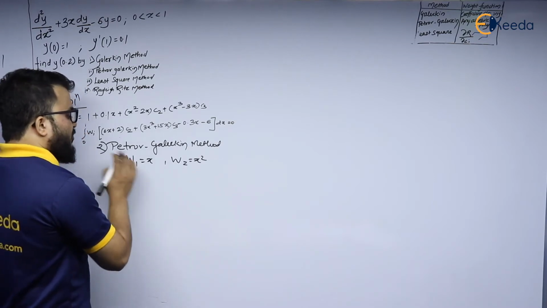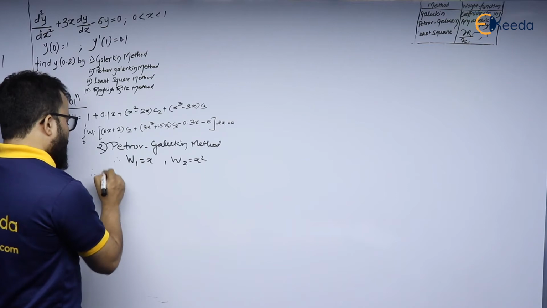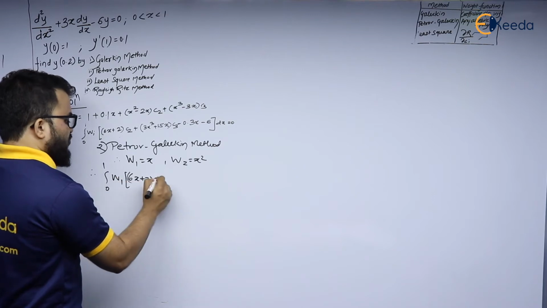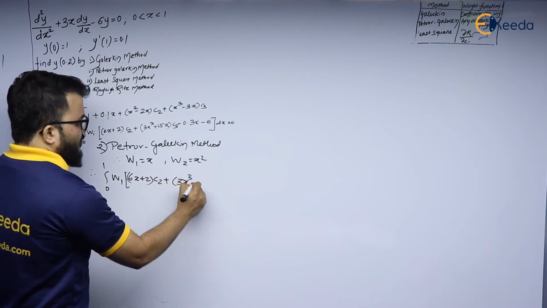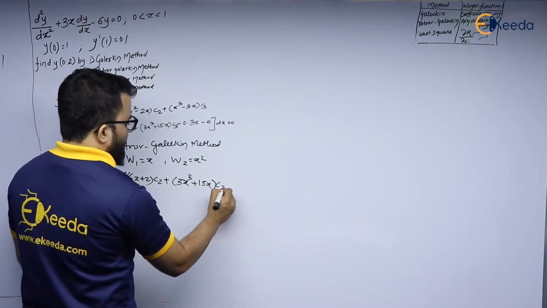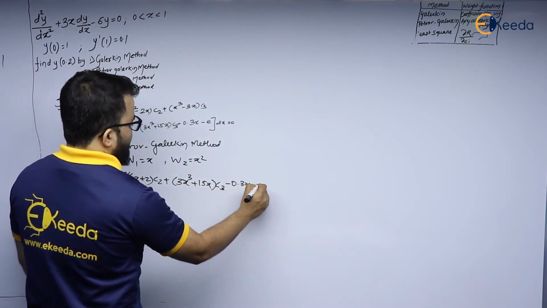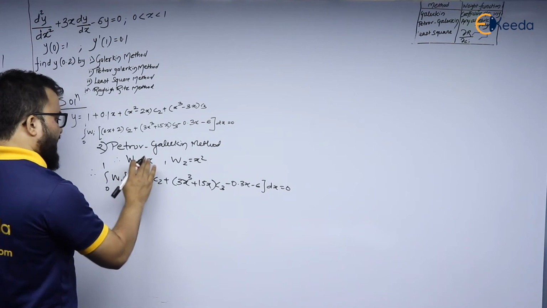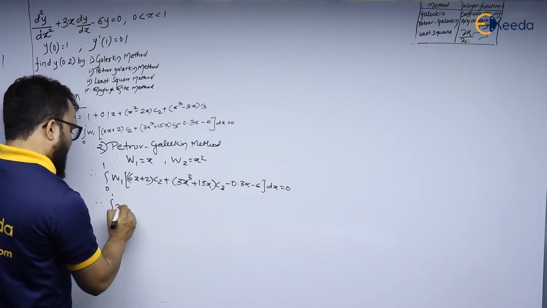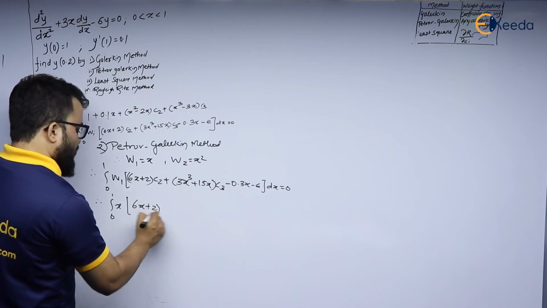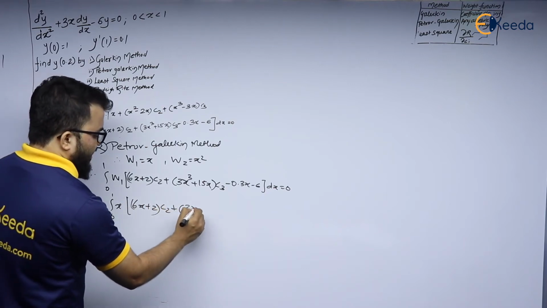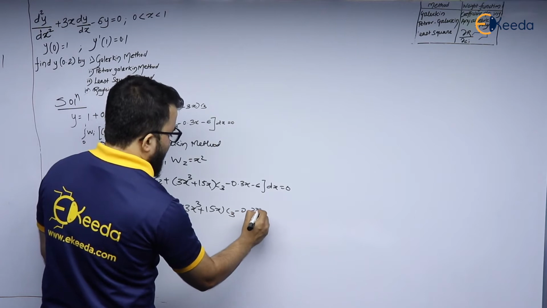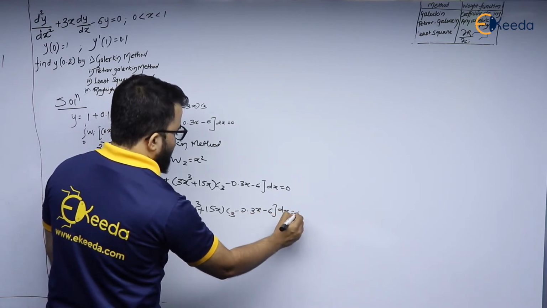So let us try to solve for w1. This becomes the integral from 0 to 1 of w1 into (6x plus 2) into C2 plus (3x cube plus 15x) into C3 minus 0.3x minus 6 dx is equal to 0. So I will put w1 as x.